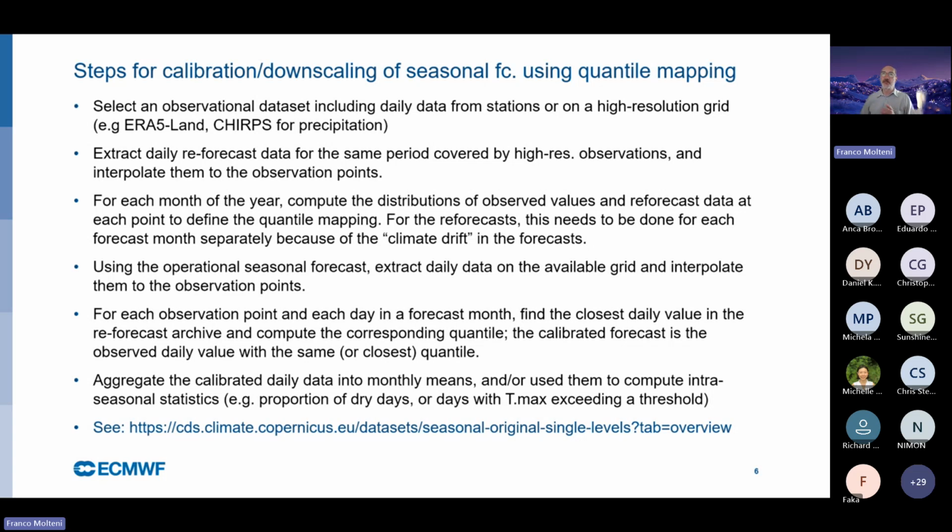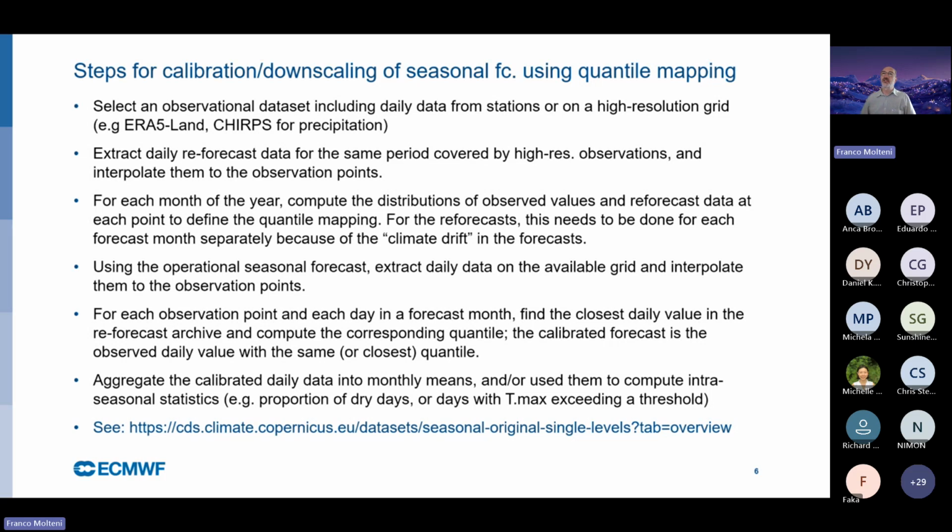Then you can go to the C3S website, and you can extract the reforecast data for the same period covered by the observations. And you first have to interpolate to the observation points, because you want to do your downscaling on the higher resolution grid or on station values.